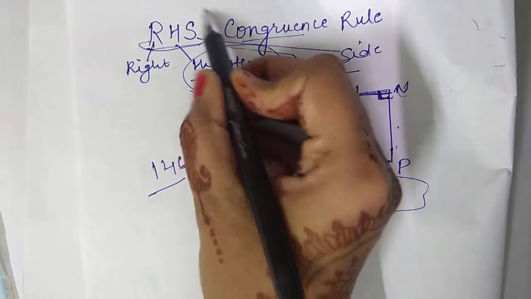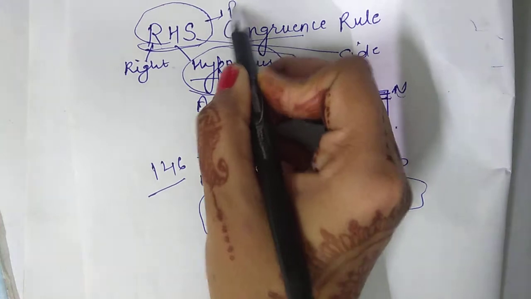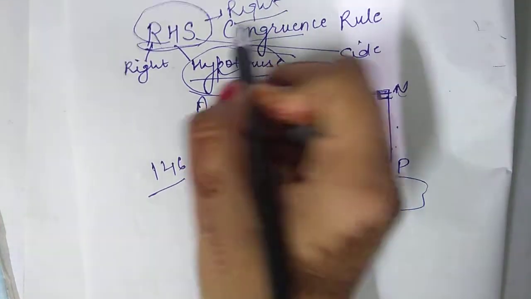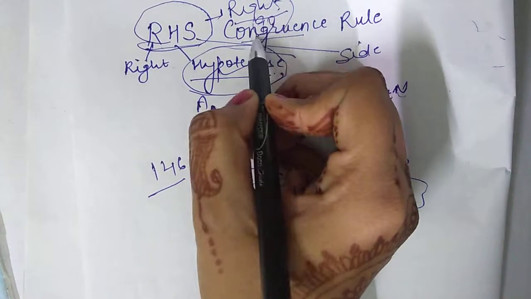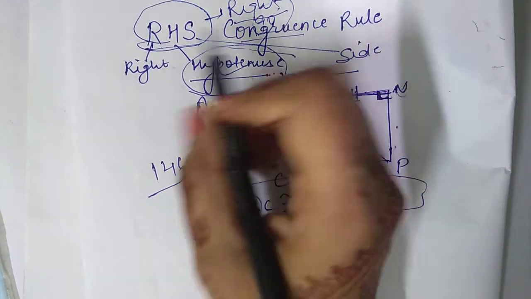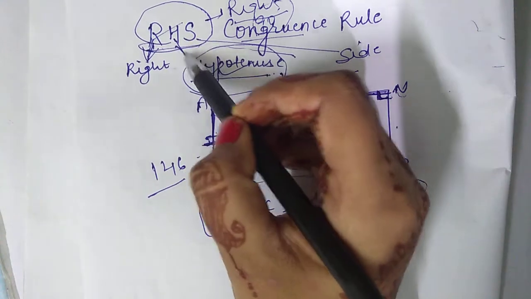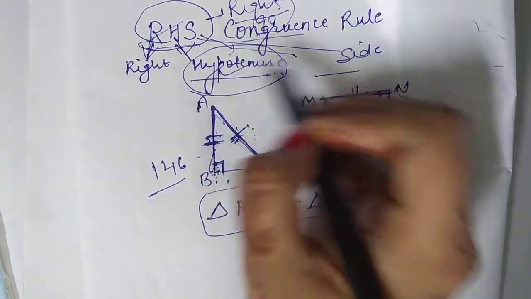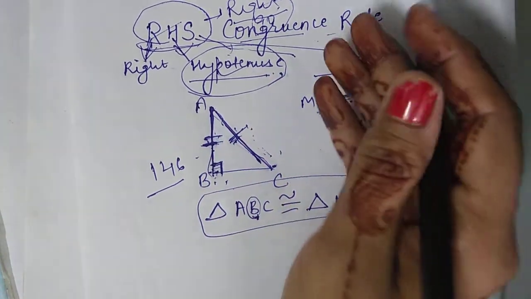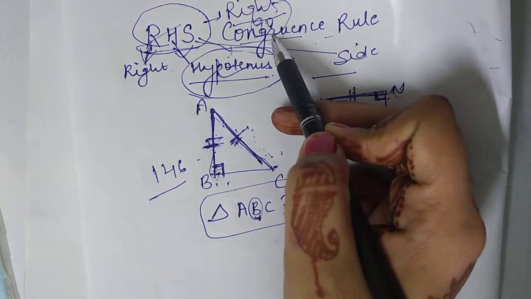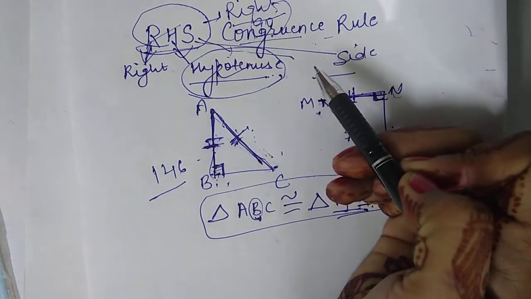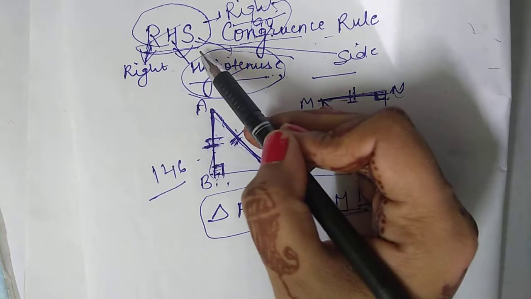RHS you can apply only in a right angled triangle, because whenever a 90 degree angle is present, the triangle is known to be a right angled triangle. So there must be a 90 degree angle, the hypotenuse must be equal, and one side must be equal. It may be base or perpendicular, any one side equal to any side of the other triangle. So this is your RHS rule.